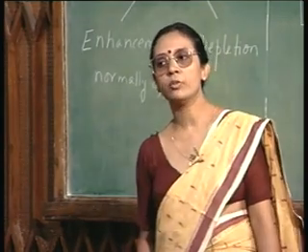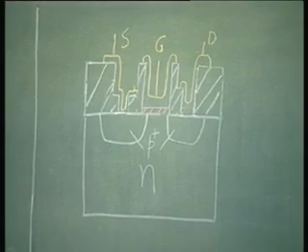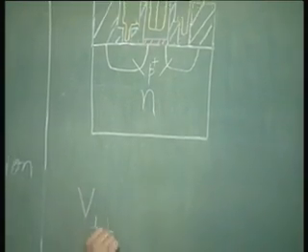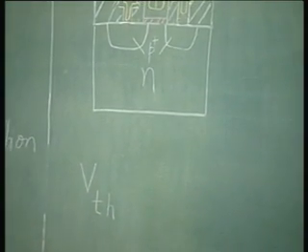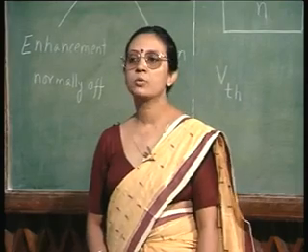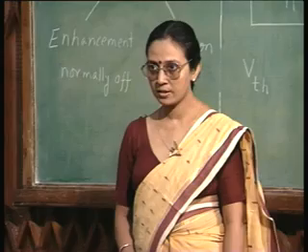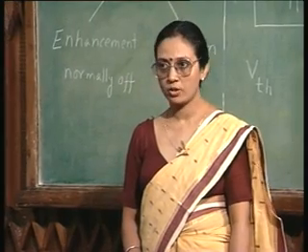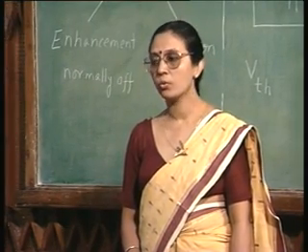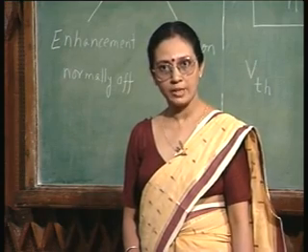Now, the threshold voltage of a MOSFET is going to depend on various factors. It is going to depend, for example, on the gate oxide thickness, on the substrate doping concentration, on what kind of metal you put on the gate, so many things.